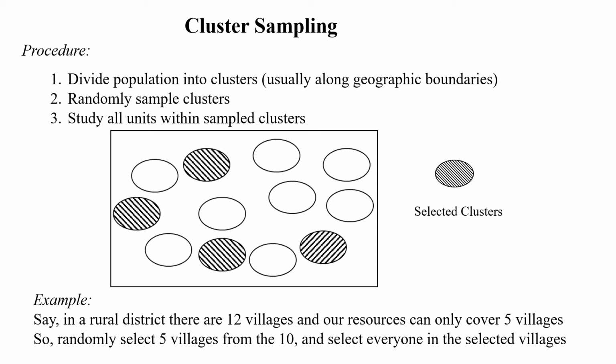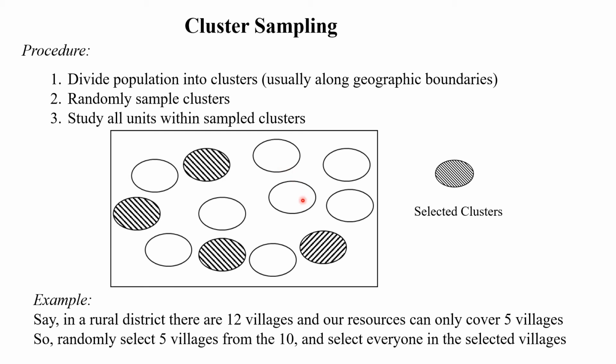Next is cluster sampling. The population is divided into clusters, usually along geographical borders. Then randomly select clusters. Study all units within the sampled clusters. Example, let's say in a rural district there are 12 villages.